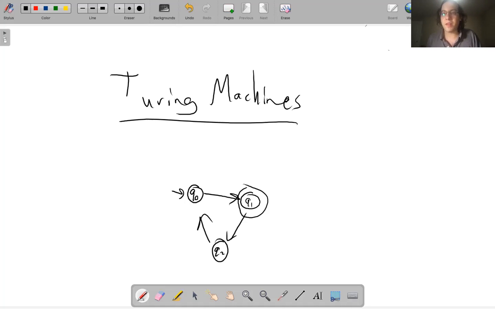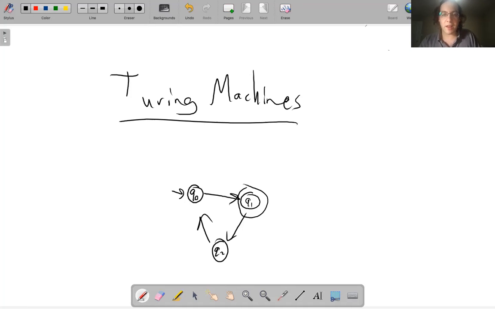That's not even 3 bits of memory. It's sort of like log of 3 memory. So this DFA has very little memory.